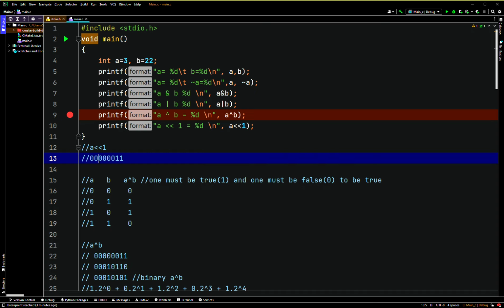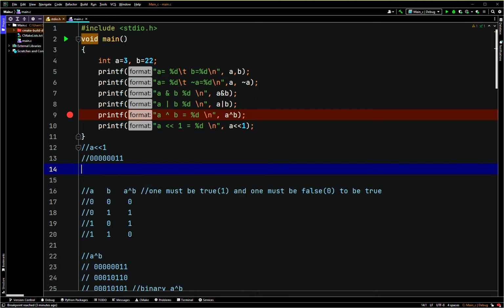So here we want 1 bit. We want to shift 1 to the left, so we start not at the first 0, but the second 0. This 0 is going to move here, and everything's going to shift over by 1. You can just think of it as this binary number being the same number minus the first 0.